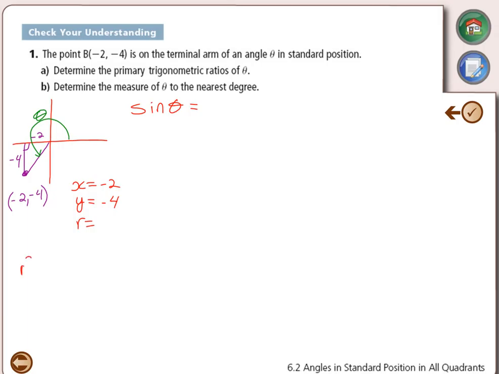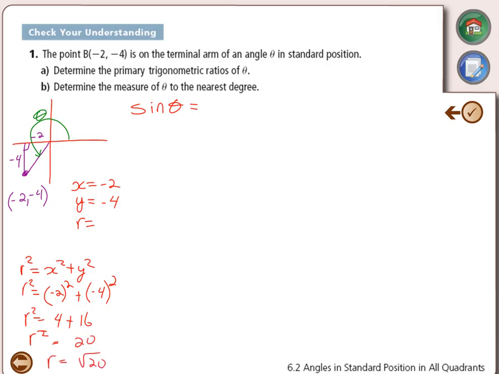So that's where it walks in. R squared equals x squared plus y squared. Pythagorean theorem there. R squared is equal to -2 in brackets squared plus -4 in brackets squared. So r squared is equal to 4 plus 16. R squared is equal to 20. R is equal to the square root of 20.